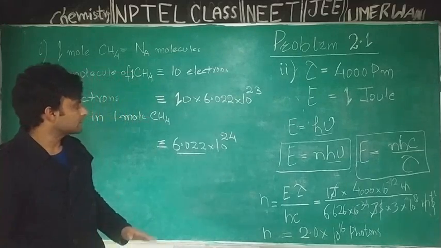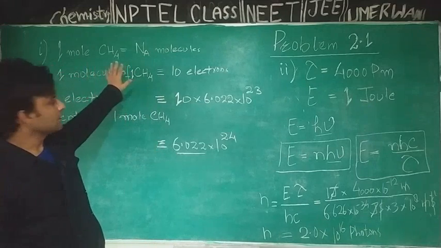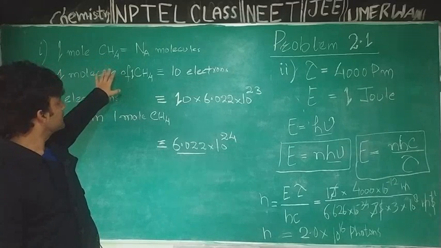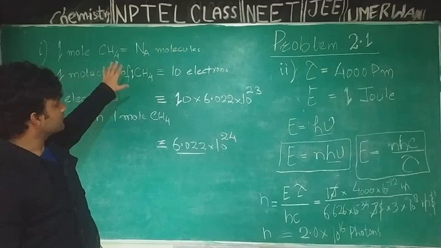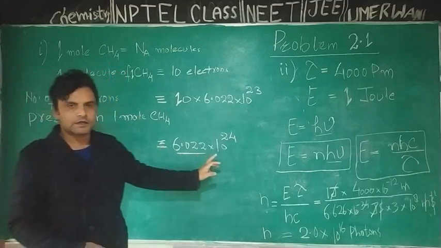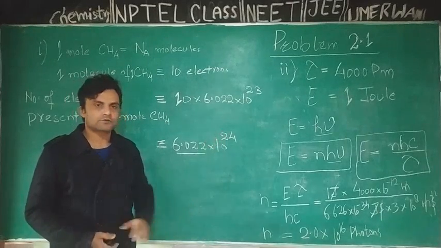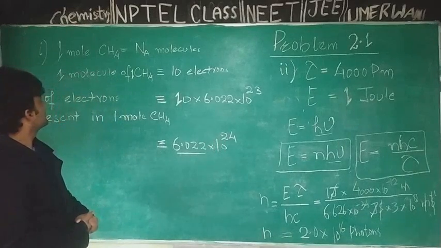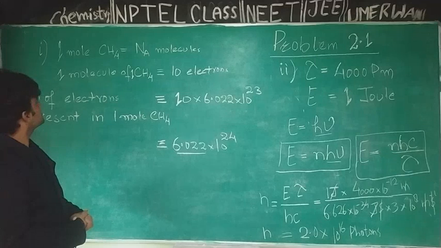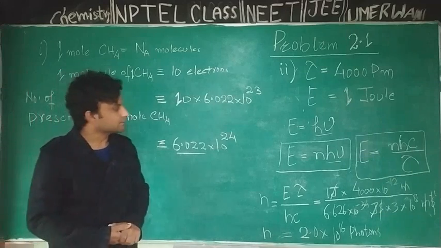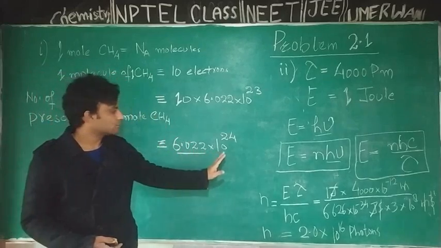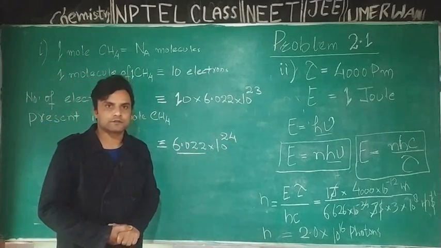Now what is the information? The added information is that 1 mole of methane has 10 to the power 24 electrons in it.